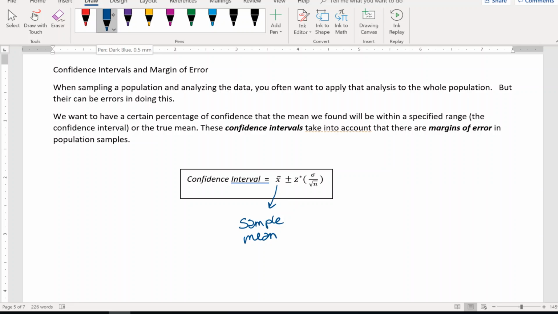And we're going to add or subtract this range here. This is our confidence interval range, or our margin of error.